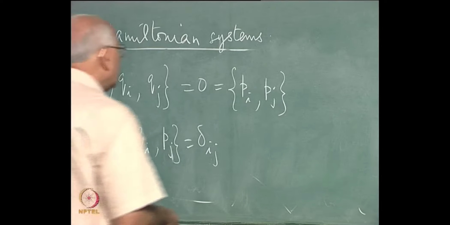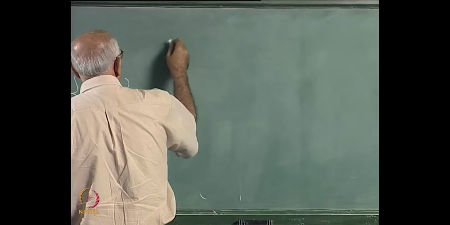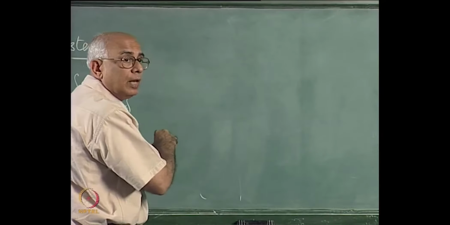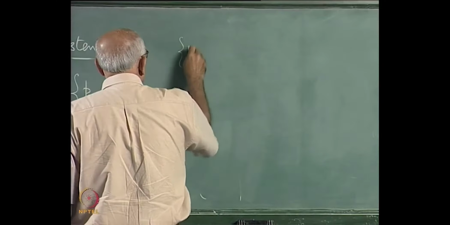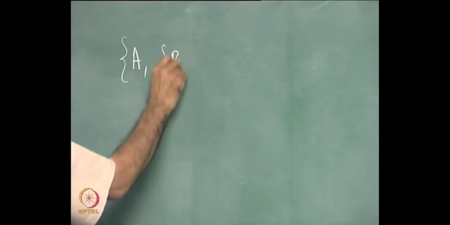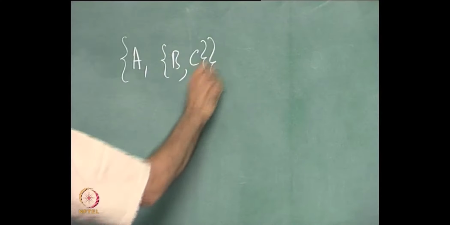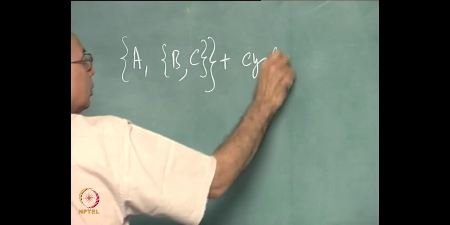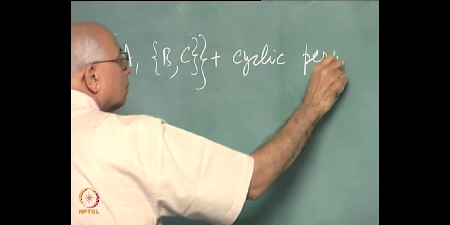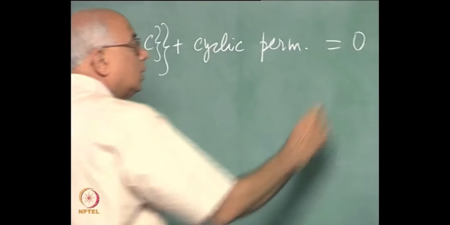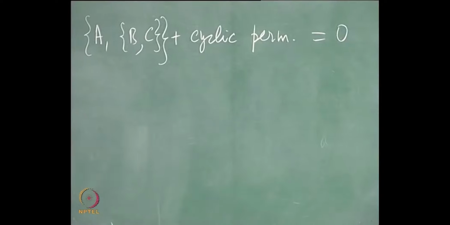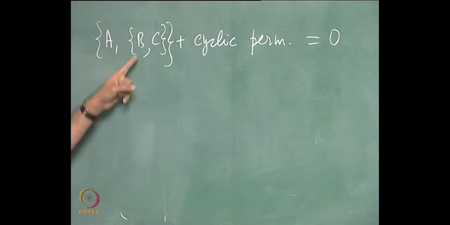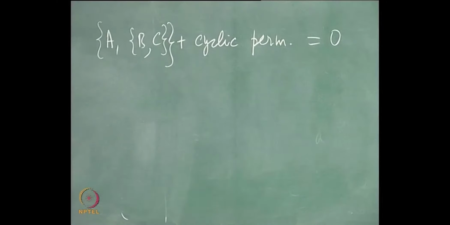Recall that this identity said that if you had three quantities A, B and C, then the Poisson bracket of A with the Poisson bracket of B, C, plus cyclic permutations, is equal to 0. Two other cyclic permutations, in which you have B with the Poisson bracket of C with A, plus the third term, equal to 0.